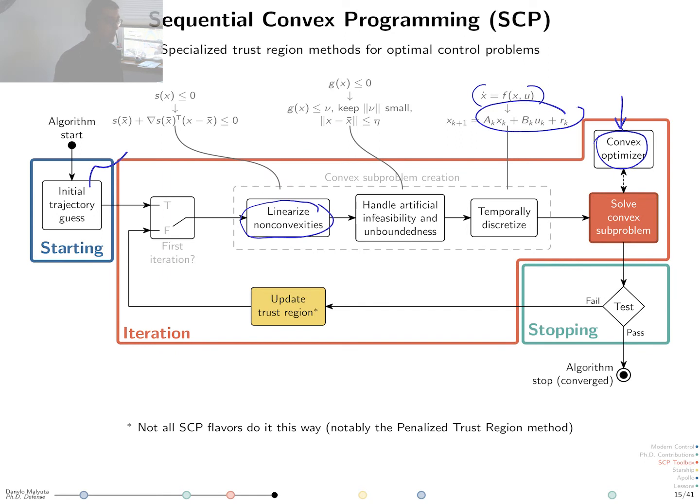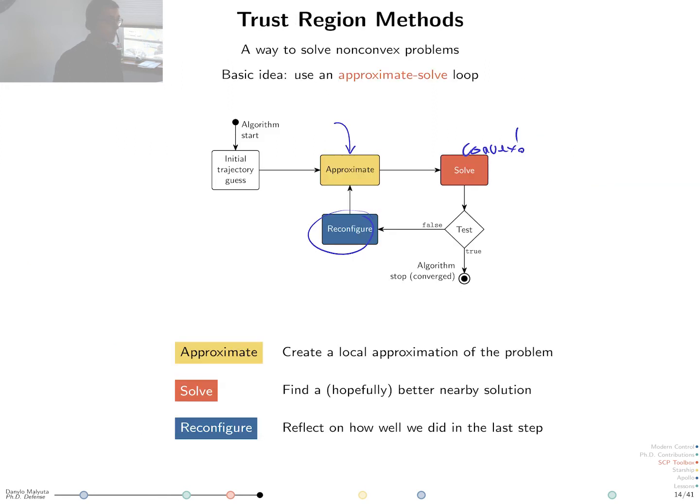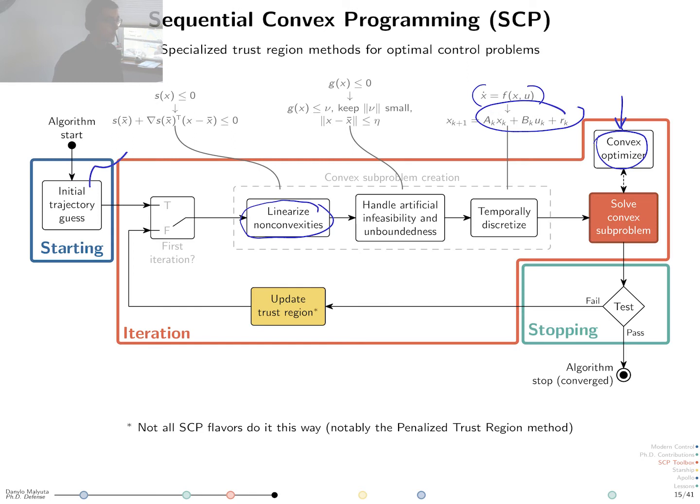So this diagram, if it looks complicated, is just an unwrapped version of this high-level block diagram, where the main thing that happens is I reveal what happens in the approximation block. So again, you start with a trajectory guess, and then to approximate your difficult problem, you will linearize all the non-convex parts of the problem first.